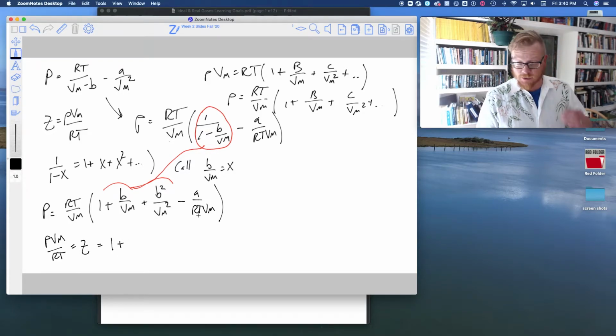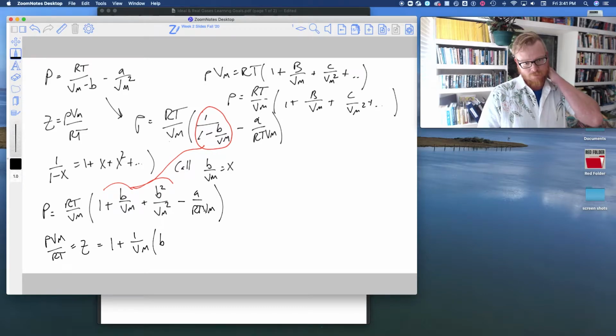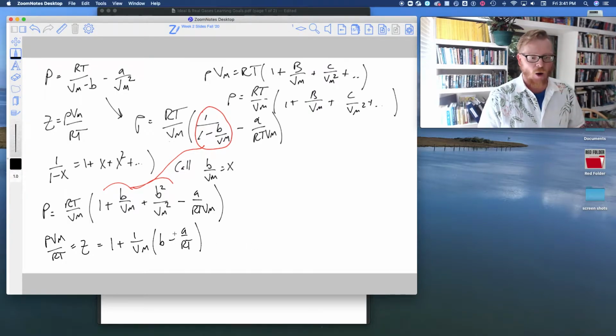But now let's combine some like terms. I have a 1 over VM, right? So I'll say 1 over VM, and I factor that out of that b, and I factor that out of that minus A over RT. Beautiful. And then now I just have this 1 plus b squared over VM squared.